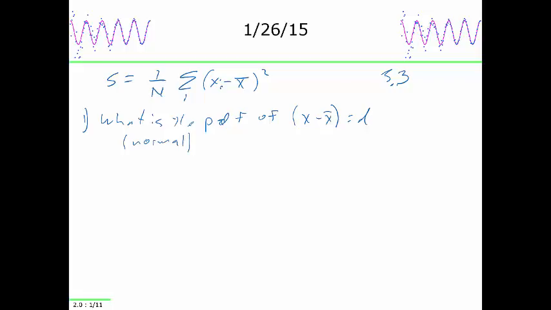Second one, what is the PDF of x minus x bar squared, or d squared, the deviations? Yeah, this will turn out to be a gamma distribution.